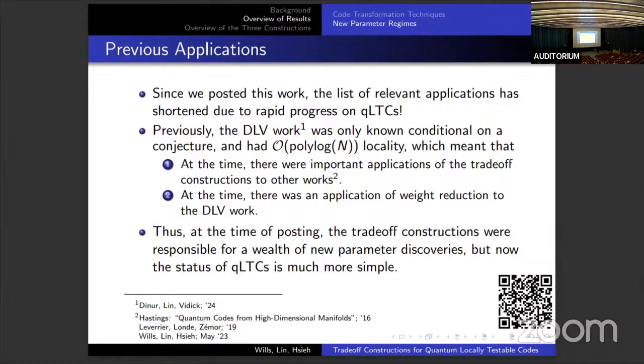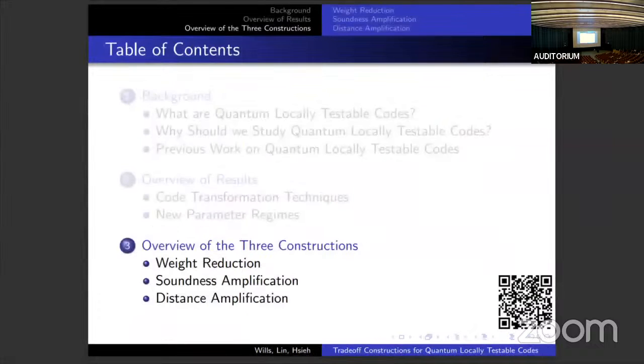But that's changed over time. In particular, when the DLV work was posted in February 24, there was an application of weight reduction there. And also those were only known conditionally. So some things were known conditionally and unconditionally for a while. So the situation was kind of complicated. But now the situation is much more simple, as I showed on the previous slide.